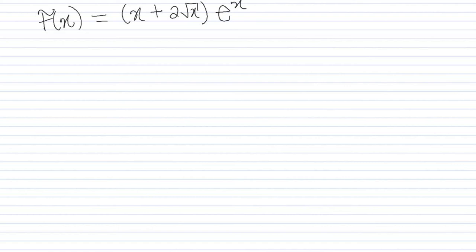And we're going to start solving, which I'm sure many people are excited to do. So f of x equals x plus 2 root x multiplied by e to the x.